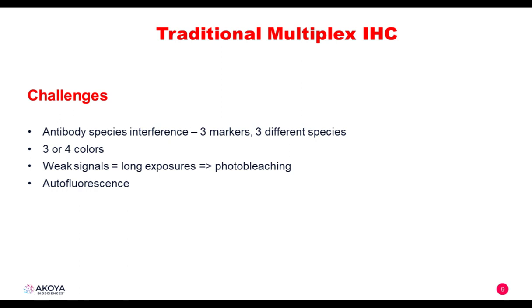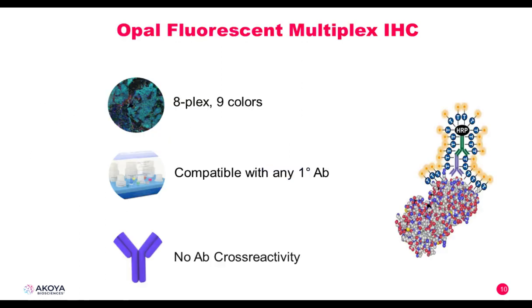If you have 3 markers, they must be from 3 different species, and that limits you to maybe 3, maybe 4 colors. If you have weak signals, that leads to long exposure times, and then that leads to photobleaching. And then there's always the problem of autofluorescence, and especially in formalin-fixed paraffin-embedded tissue.